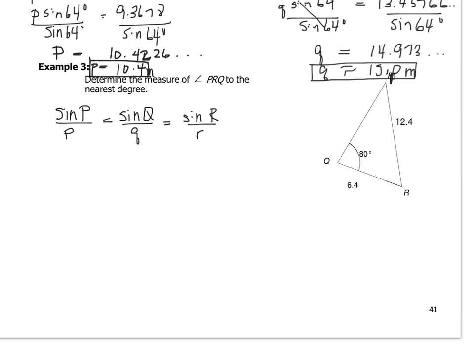So if I do sine of P over 6.4, and sine of Q is sine of 80 over 12.4, and the last one is sine of R over side R. So when you look at the information there, if you're asked to find PRQ, that's angle R here, you don't know angle R and you don't know side R. So you're not going to be able to start with that one.